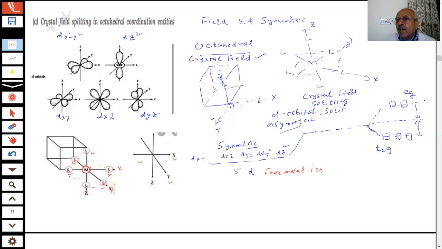This is called the crystal field splitting energy. Delta O stands for octahedral. In the case of octahedral, we say this is the crystal field splitting energy, delta O.